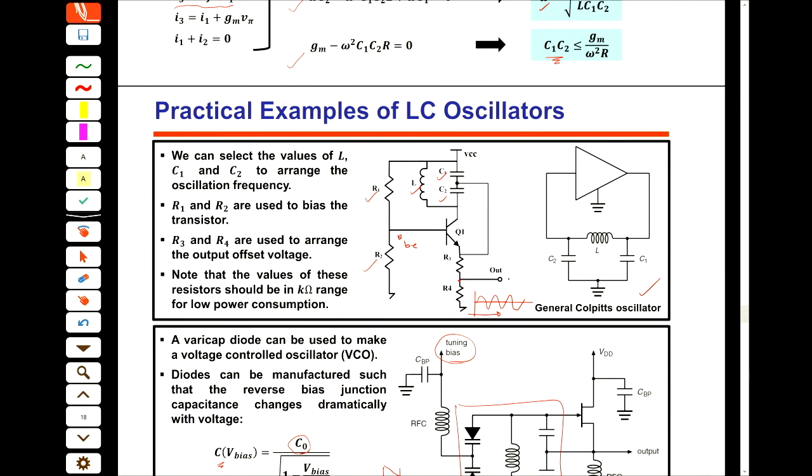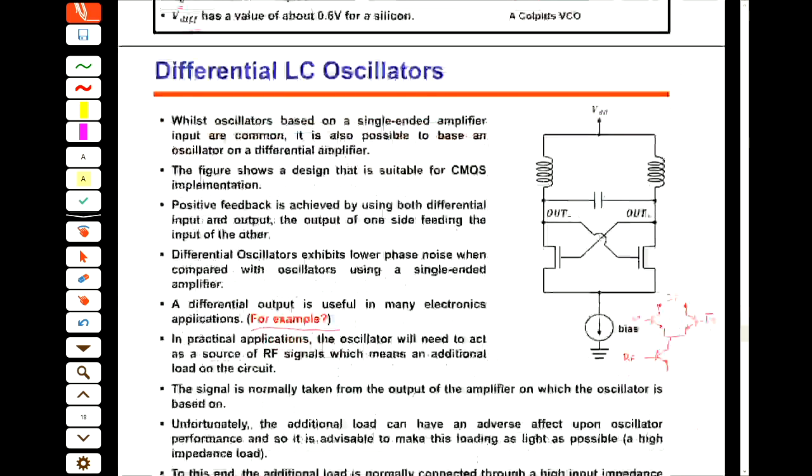I mean, you can put another transistor and get one output from here and one output from here, and then it's differential because the output here and here have the same gain and different sign. True? You can use this structure, or you can simply make a differential oscillator.